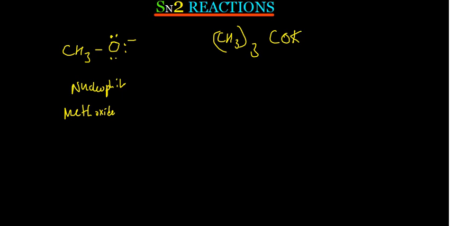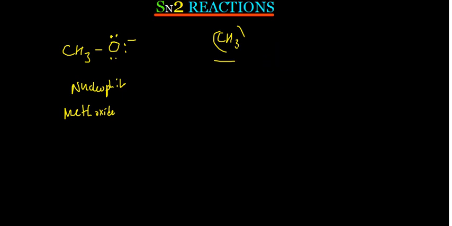It's a very strong base also, but it is a weak nucleophile. The reason as to why it's a weak nucleophile is because we have got a lot of carbons which are attached to the carbon that has got the oxygen which attacks other groups. So that is why it is a strong base but a weak nucleophile, because of steric hindrance.